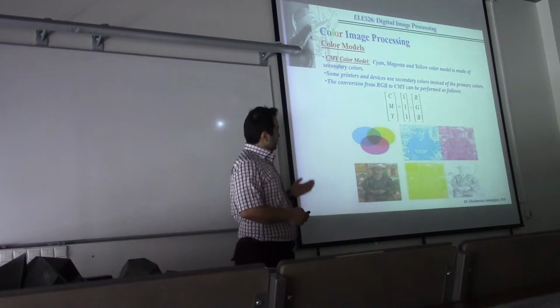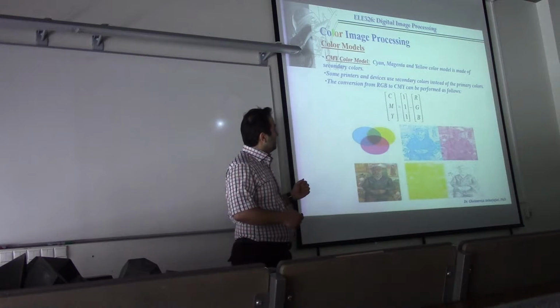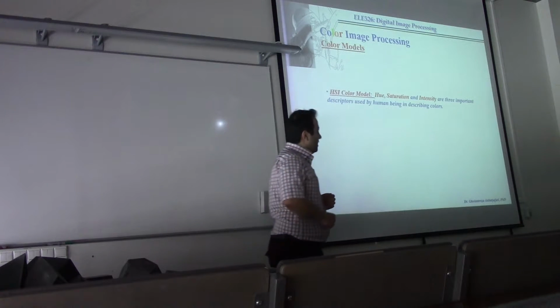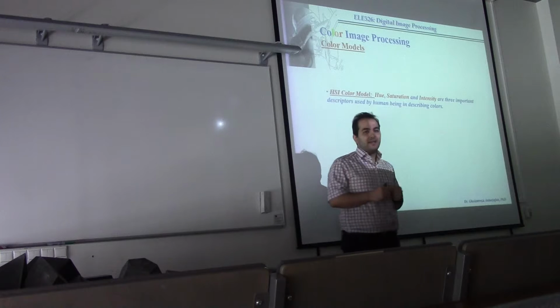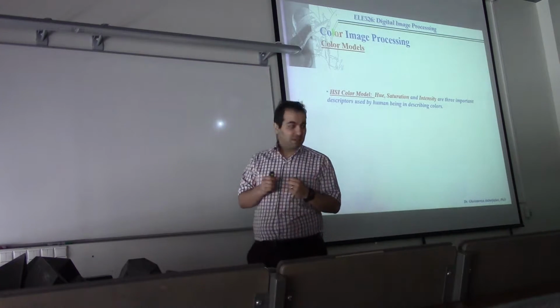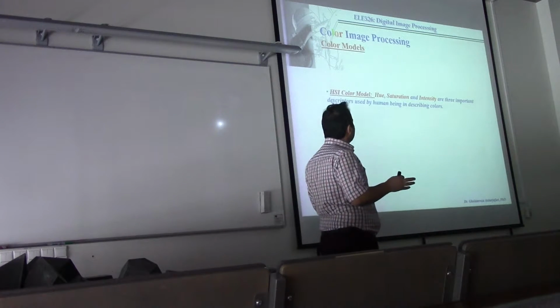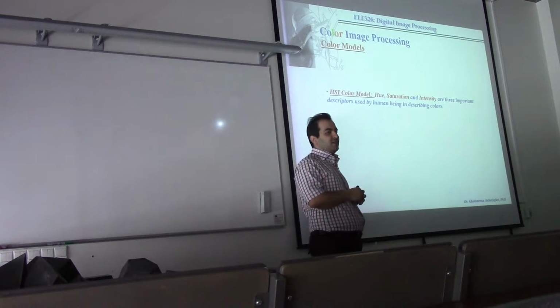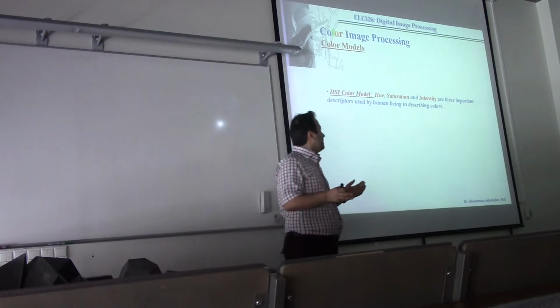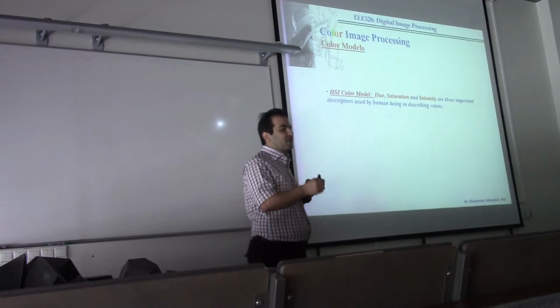And this is another model that we can use. But although this model or this space is used frequently in lots of applications, as you know, they have some limitation.